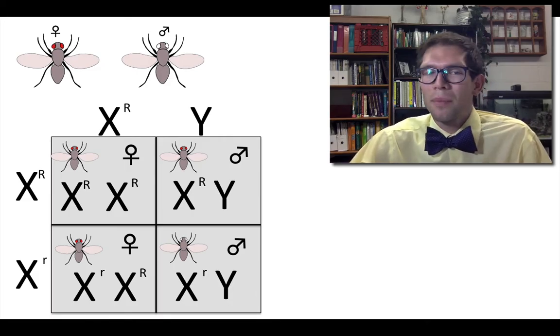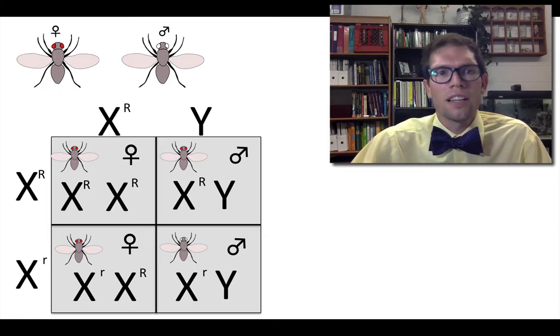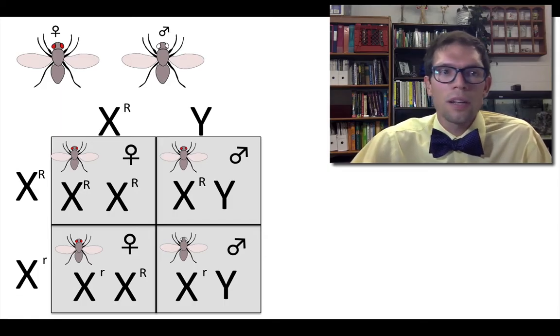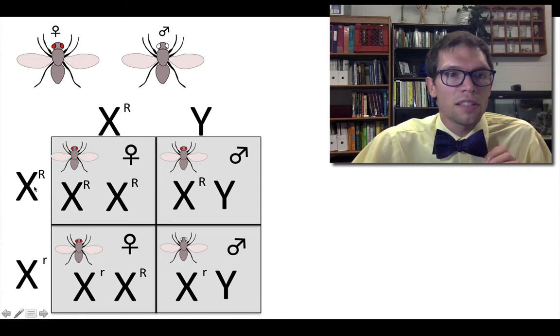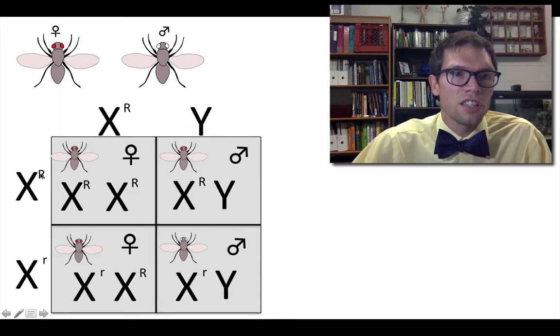So what does that mean? That means that the trait was on one of the sex chromosomes. Normally when we look at sex-linked genes, the sex chromosome where it's going to be on is the X chromosome. And so you can see that I'm showing the chromosomes here as X's and Y's to delineate what they are. And then the gene that we're interested in is the gene for eye color, with red being dominant to white.